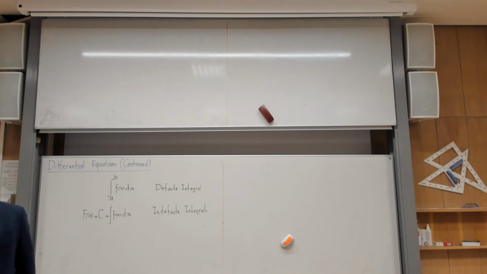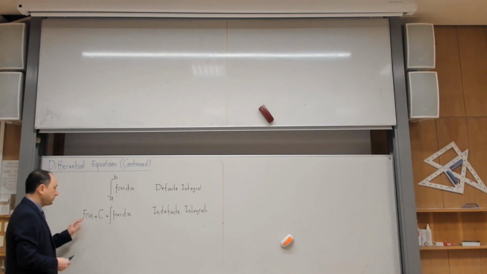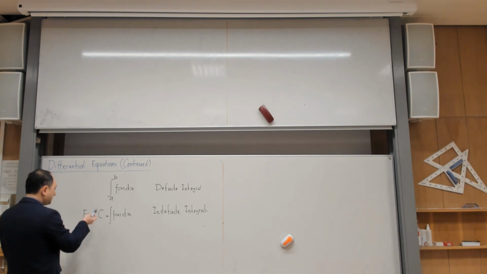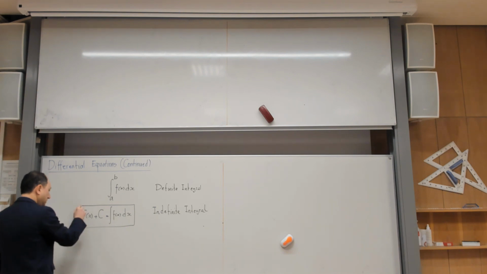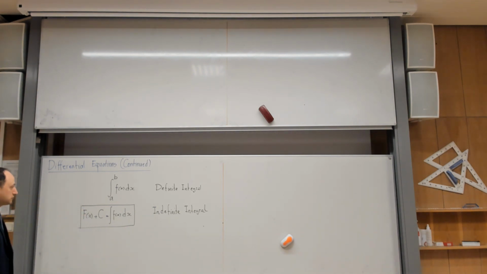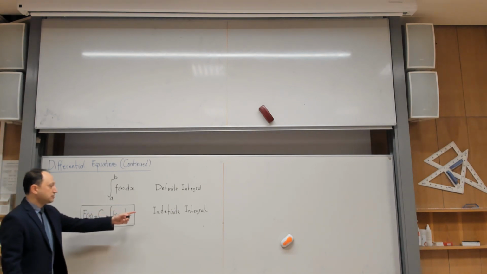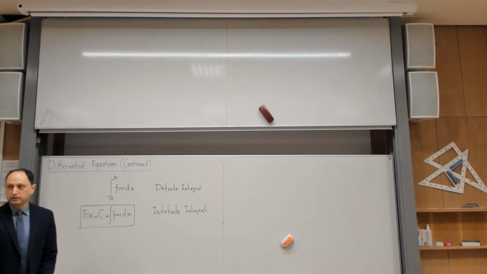The other letters should be considered constants, yes? Okay, so from now on, I will be free to use this symbol, even though it's not mentioned in the book, okay? But I will try to use this piece of notation. So indefinite integral is actually what you call a primitive function. That's it.